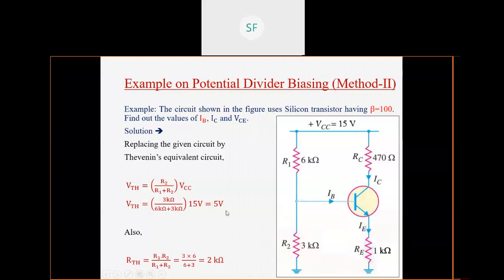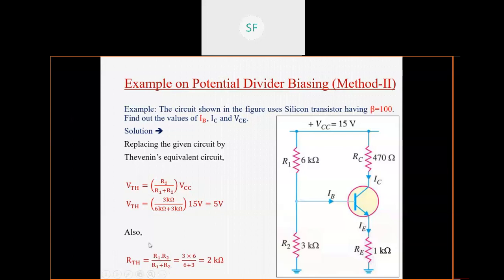Now you can compare this VTH: in the earlier case it was V2. The V2 of method 1 and the VTH here are both equal. This is the additional parameter, RTH. RTH is nothing but the parallel combination of R1 and R2.